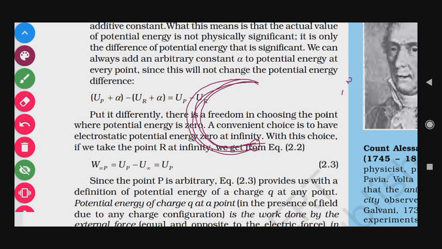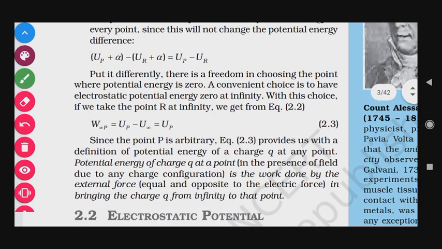I hope you are getting my point. I am not able to speak properly in English, so I am just trying to explain. To understand it, just read the book once and you will get it. The important thing is the difference in potential. Put differently, there is a freedom in choosing the point where potential energy is 0. A convenient choice is to have the electrostatic potential energy 0 at infinity, and we generally choose infinity as 0.